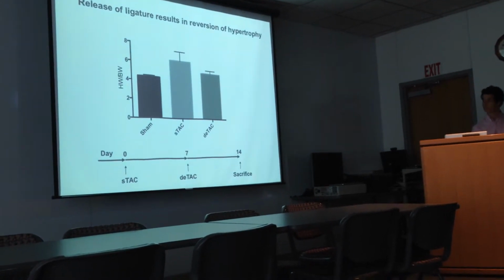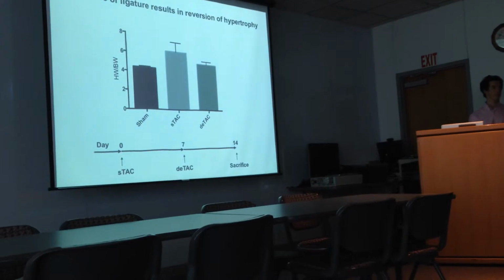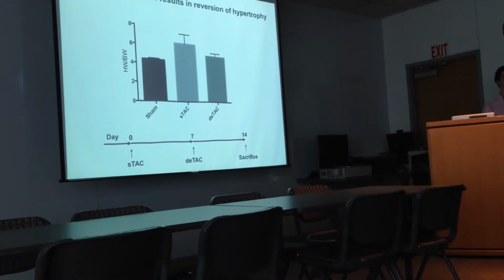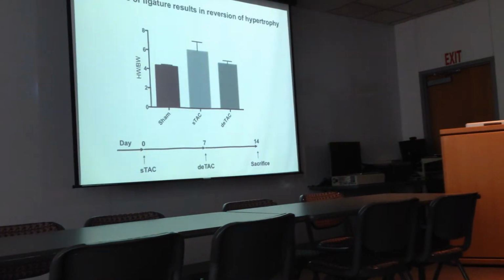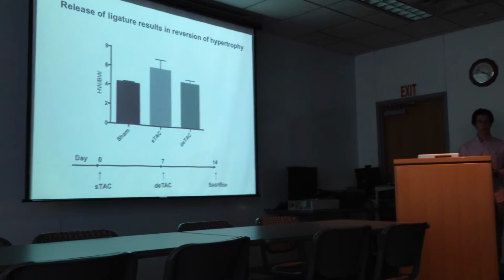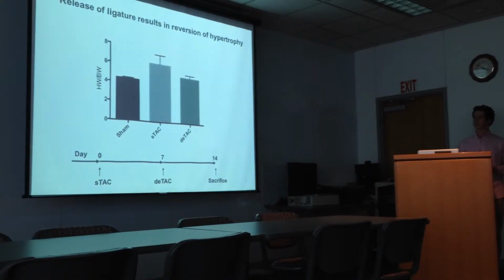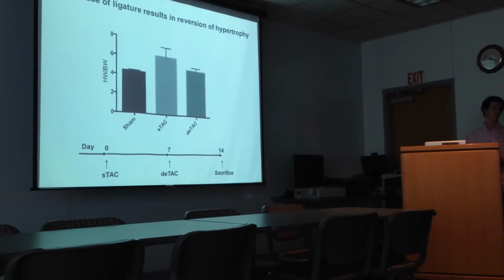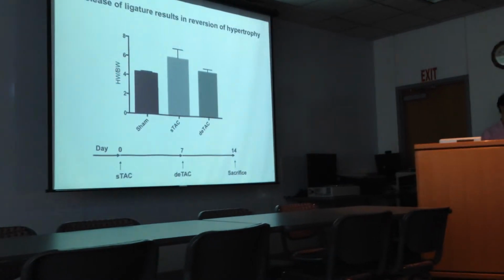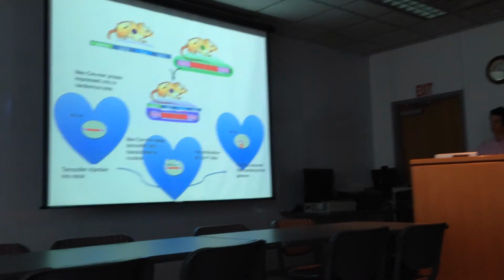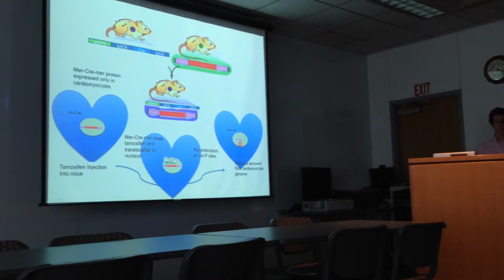We only had about 3 mice for the TAC, so there's a huge error bar, whereas at DTAC we had about 8. And to be fair, those shams are from a different study. They're the same genotype though.